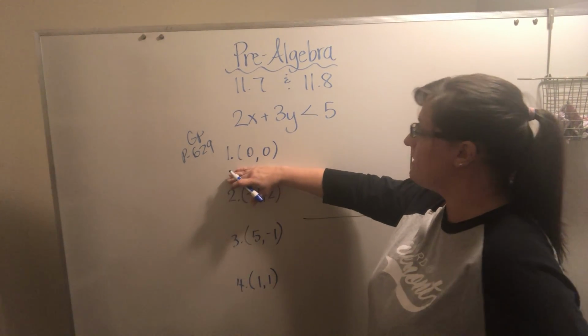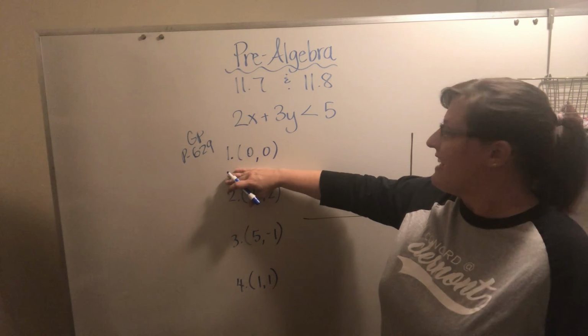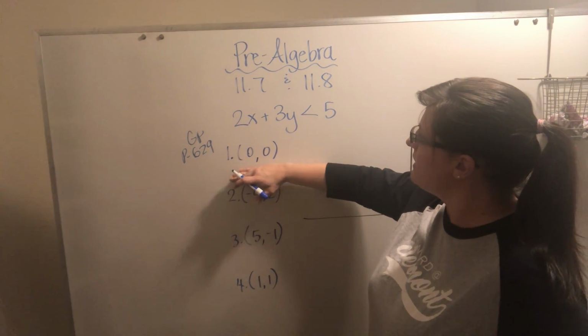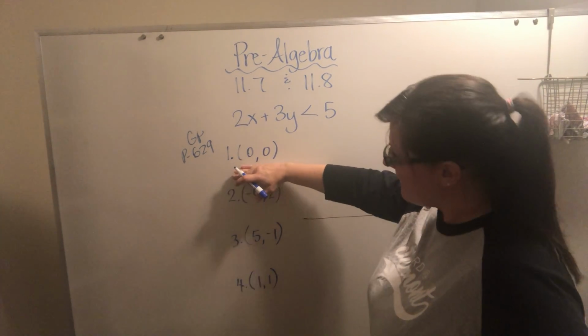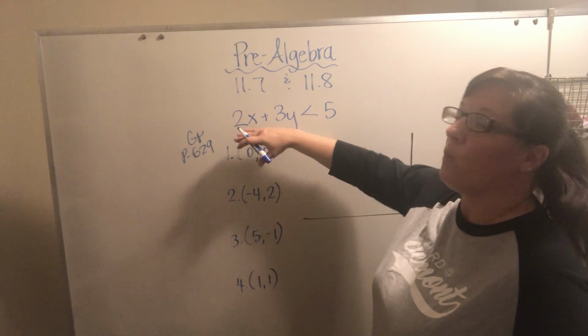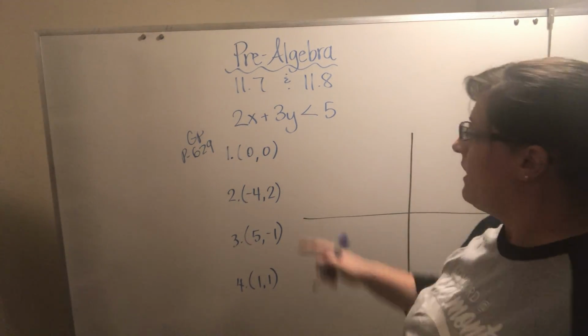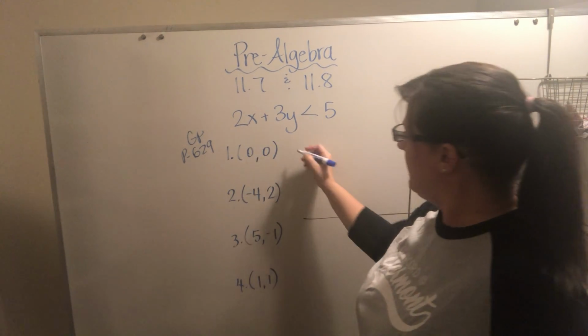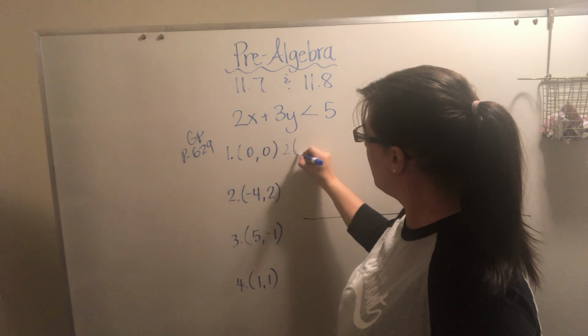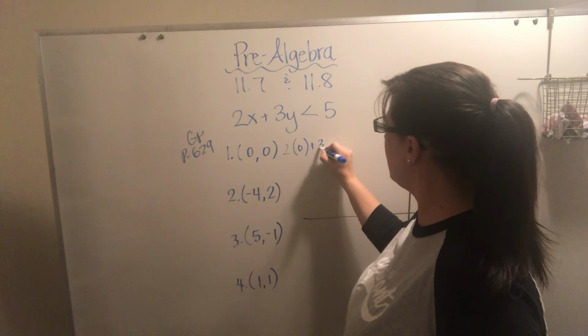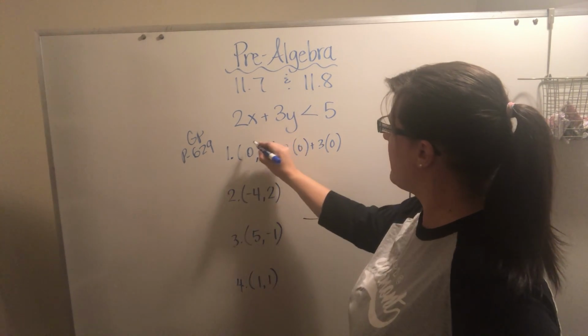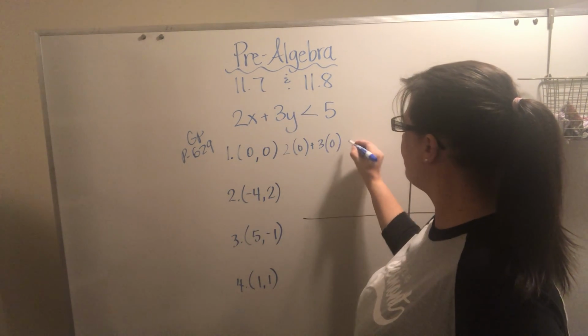So what they're asking is, what I just showed you in the last section, is this point a solution? Will this coordinate fall on that line? So what do you do? You plug it in. 2 times 0 plus 3 times 0, right? My x went here, my y went here.